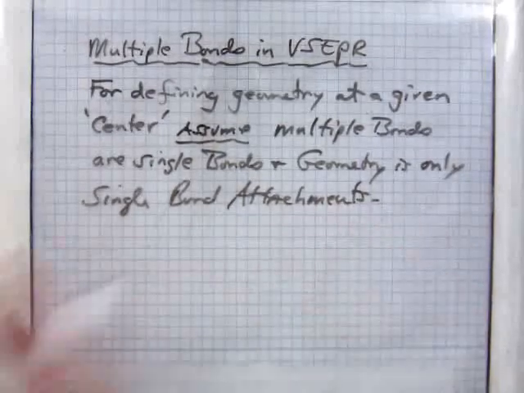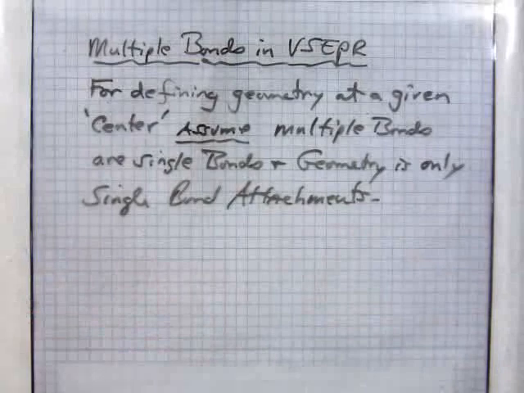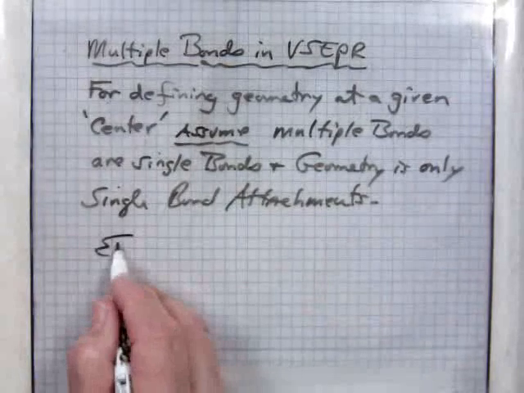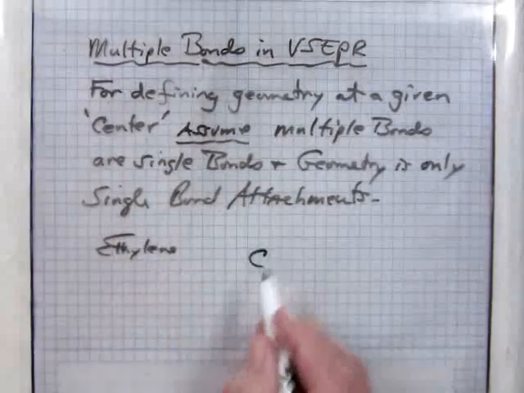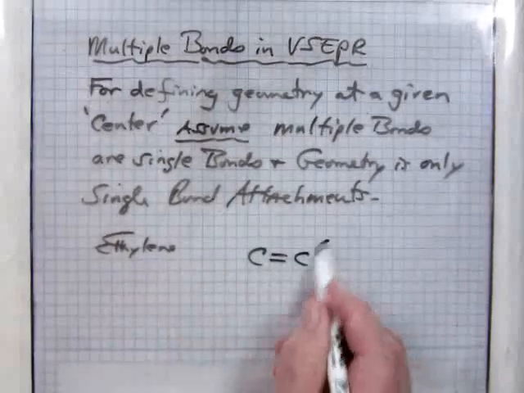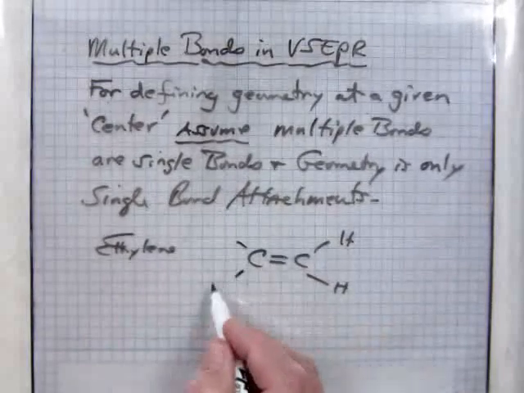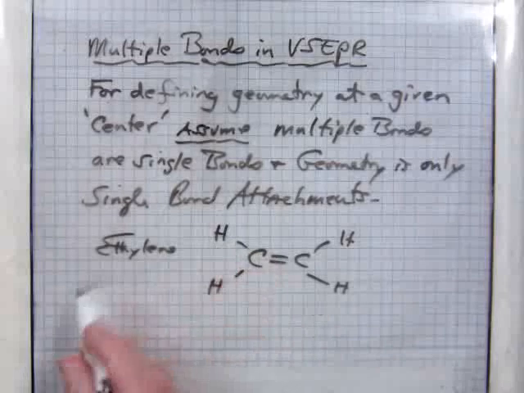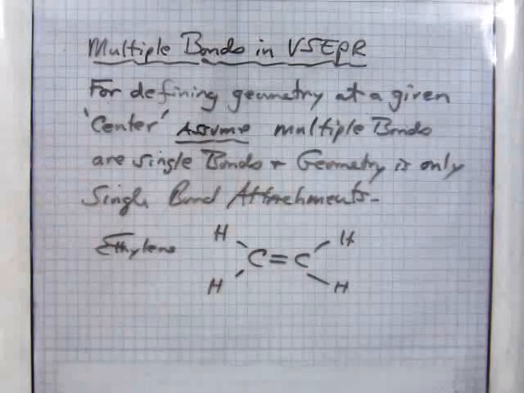Okay, what that means is if I have acetylene, or if I have ethylene, you'll find I could draw a Lewis structure that looks like this. The valence bond would give me that Lewis structure.